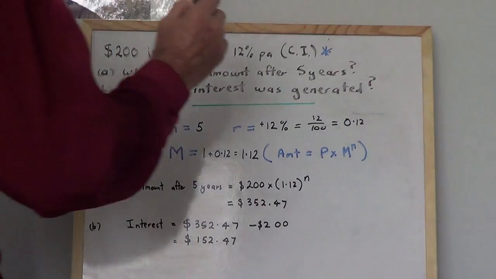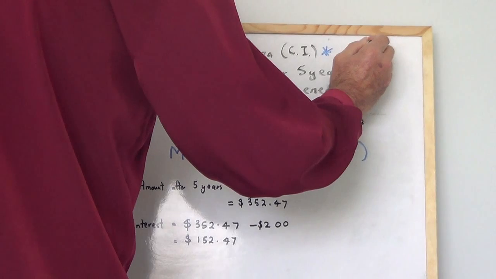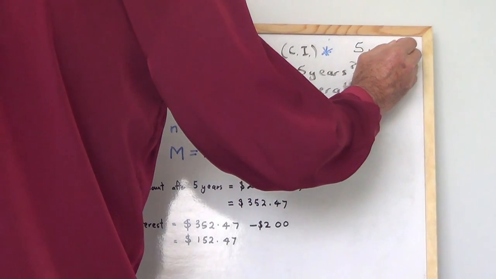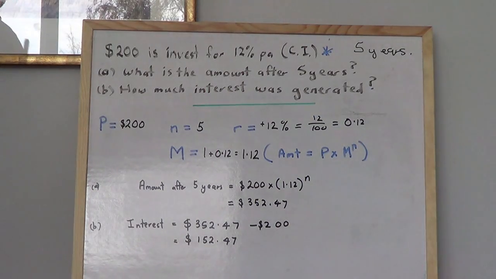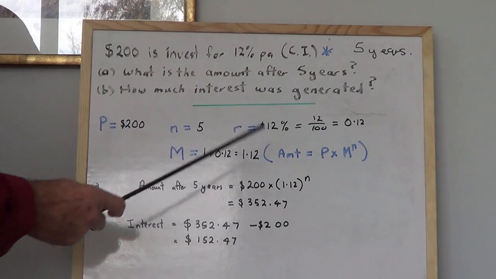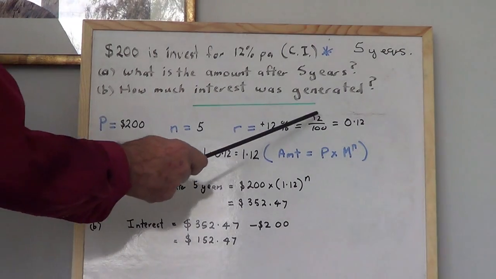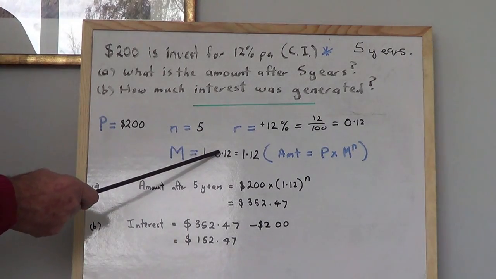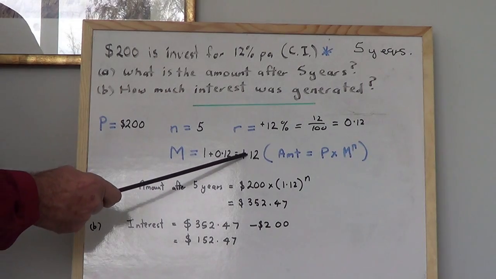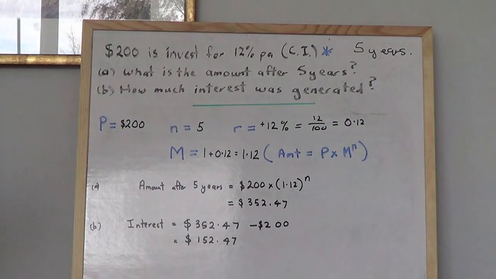So that was invested for 5 years. So we've got 5 years, we've got 12%, which is 12 over 100, which is 0.12, and we add 1 plus 0.12 and we get 1.12 for M.